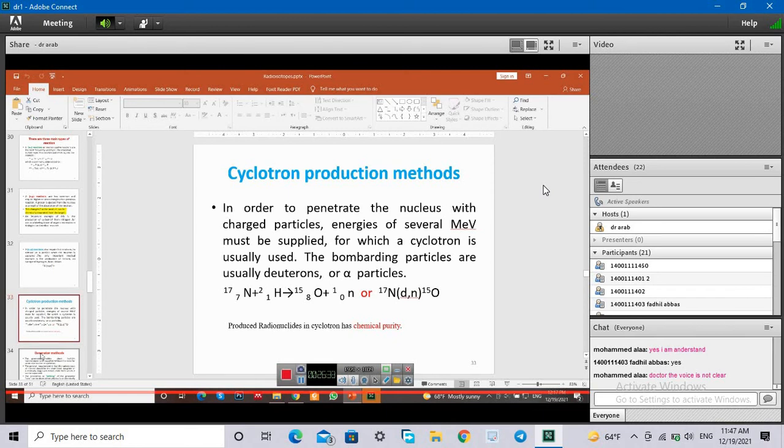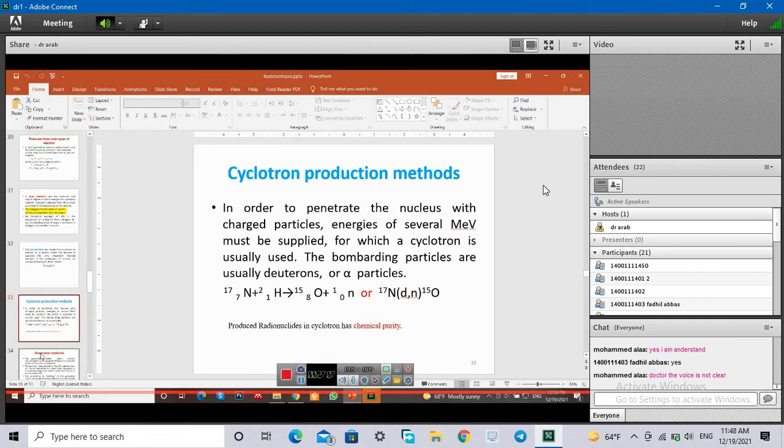In the reactor, it is better to say that we bombard our nucleus with an uncharged particle, a neutron, but in a cyclotron we bombard the nucleus with a charged particle, sometimes an alpha and sometimes a proton particle.